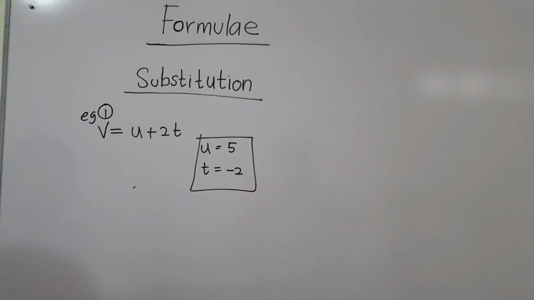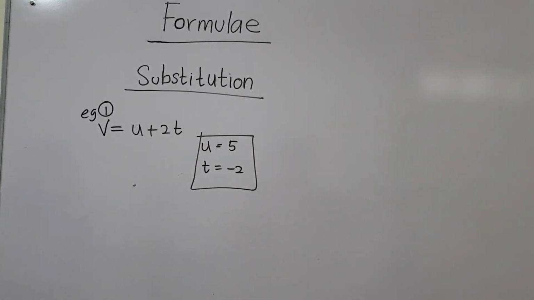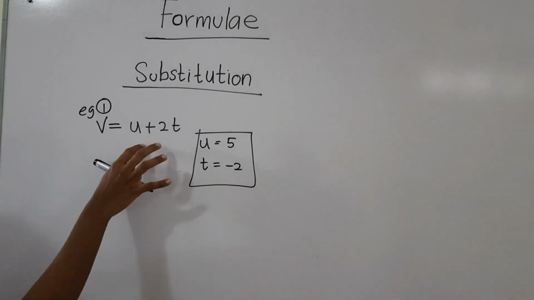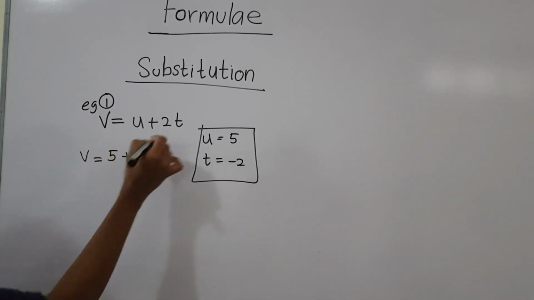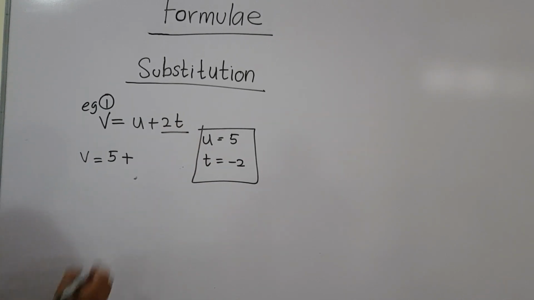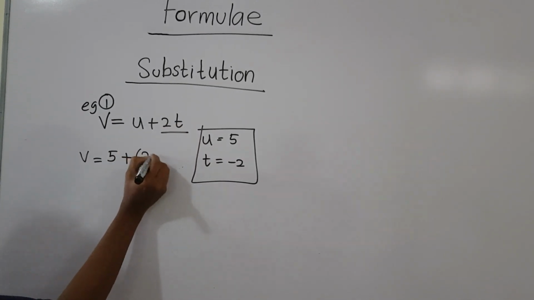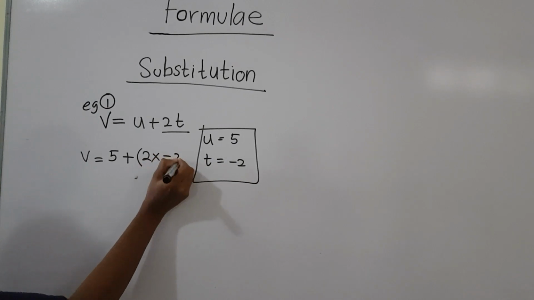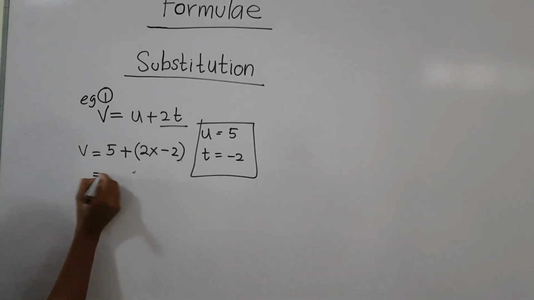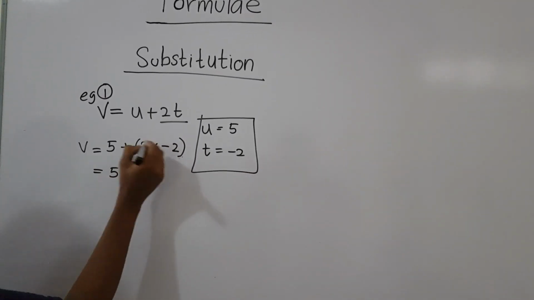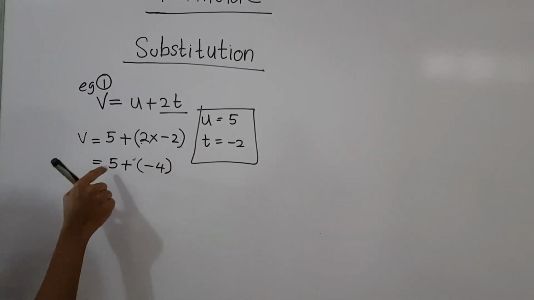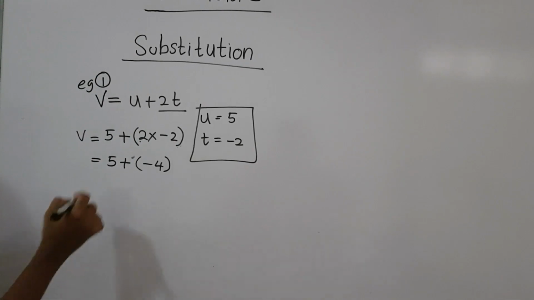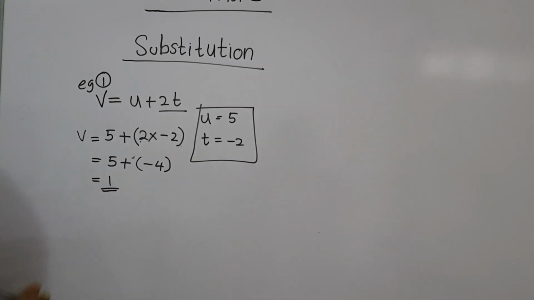We have to substitute these values into this. So V is equals to 5 plus 2t, which means you have to multiply. So you open bracket and multiply 2 into minus 2. So 5 plus 2 into minus 2 is minus 4. So 5 plus minus 4 will be 1. So V is equals to 1.